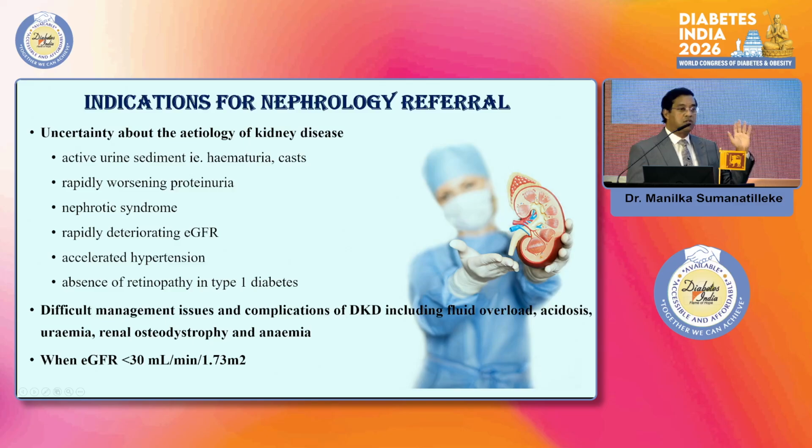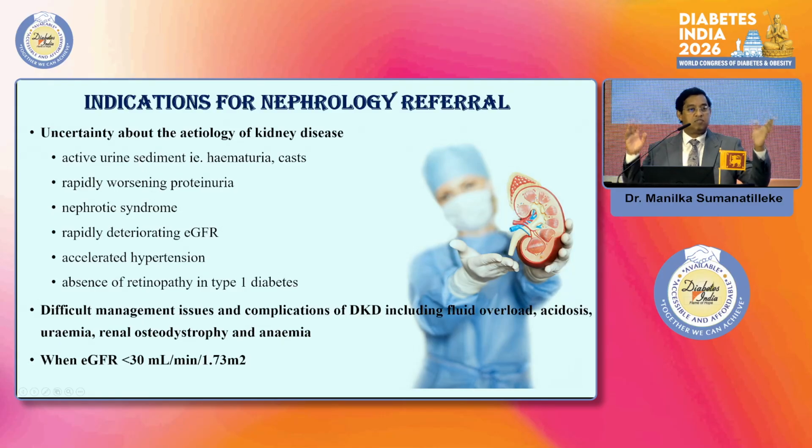After managing and giving all this, when should you refer your patient to an expert or a colleague? I talked about the urine findings, hematuria, casts, worsening proteinuria despite all of this, nephrotic range proteinuria, accelerated hypertension, and a steep fall of your EGFR rather than the expected.